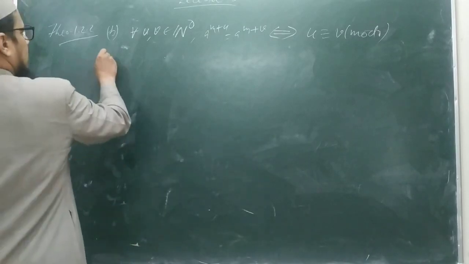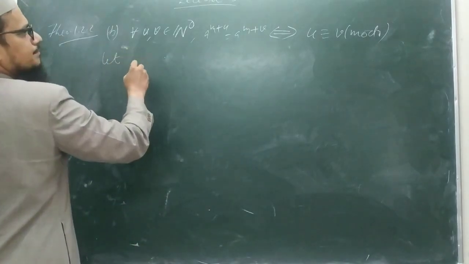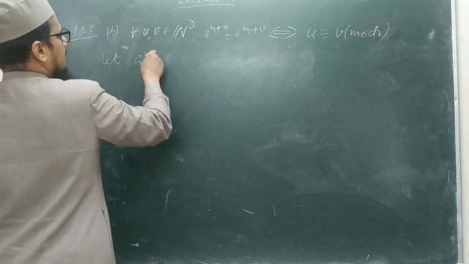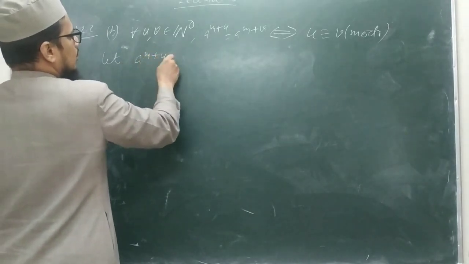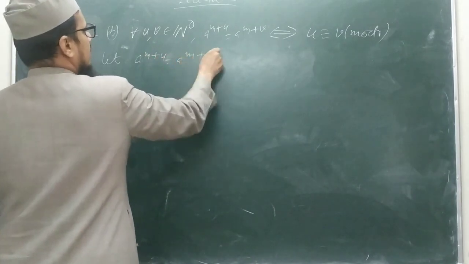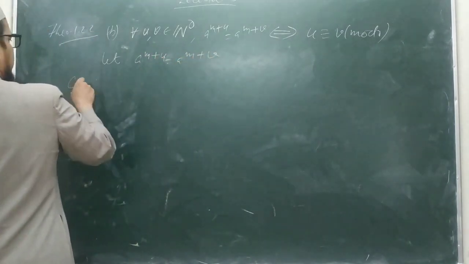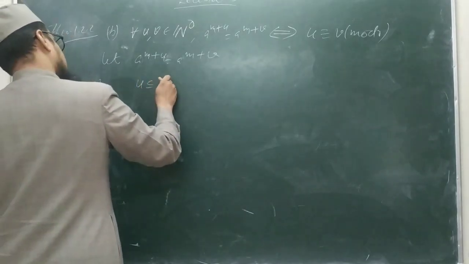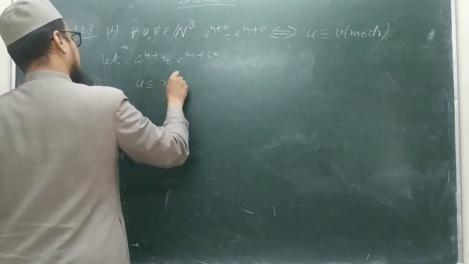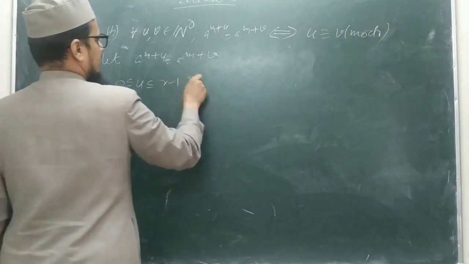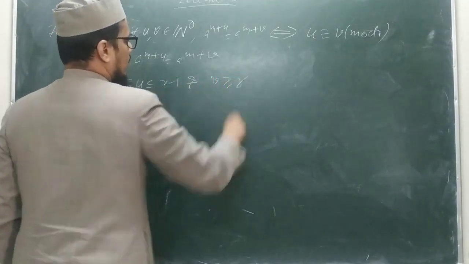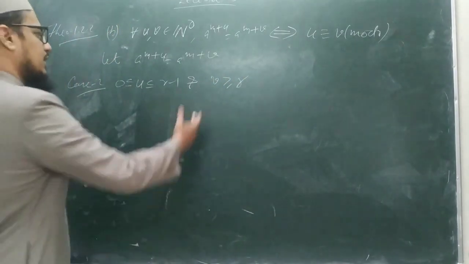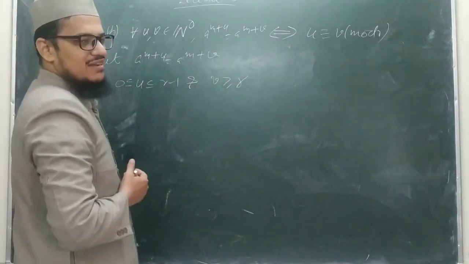That is, let a^(m+u) be equal to a^(m+v), and then we were doing case number 2. That is when u lies between 0 and r minus 1 and v is greater than or equal to r. Correct? So see, when v is greater than or equal to r, we can apply the division algorithm.